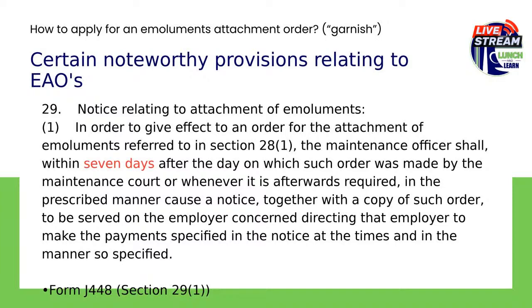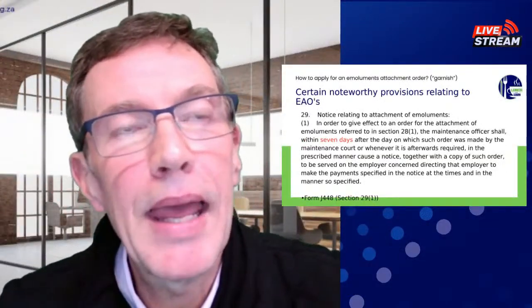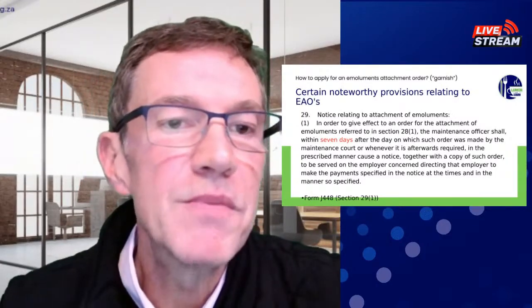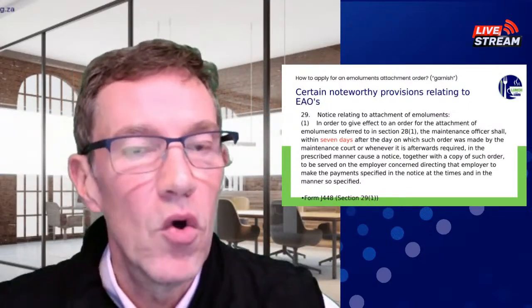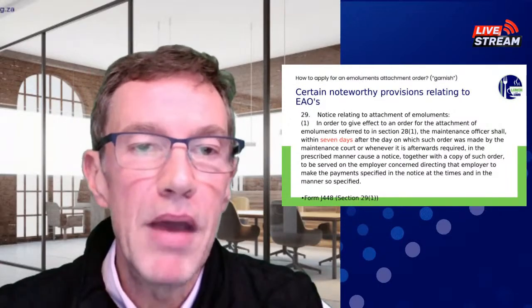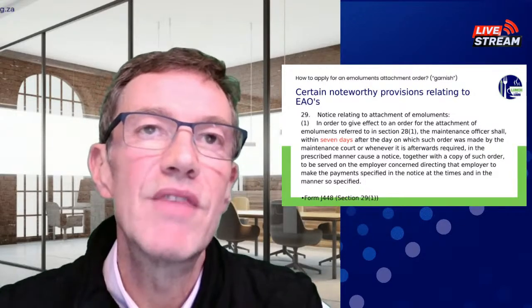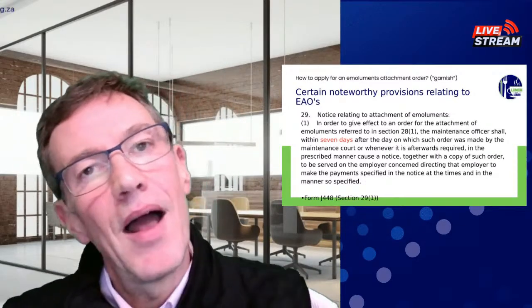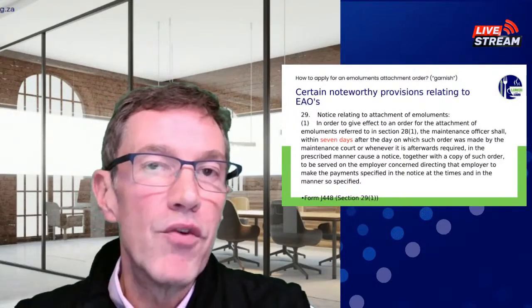So this thing that garnishee orders take forever, it takes months, even years in order to be implemented, is plain rubbish. In terms of section 29, it says that the order needs to be sent through to the pay office of the employer within 7 days, and then usually it takes them a month, a full calendar month, depending on when you get your salary, for them to implement it on their side.